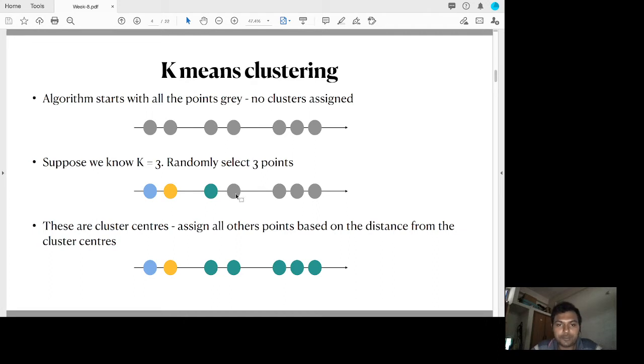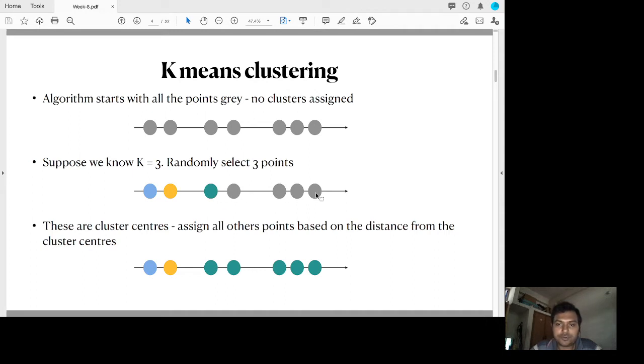The fourth, gray point, what we do is we compute the distance of this fourth point with the first, second and the third points, and whichever cluster center is nearest to it, we assign it to that particular cluster.